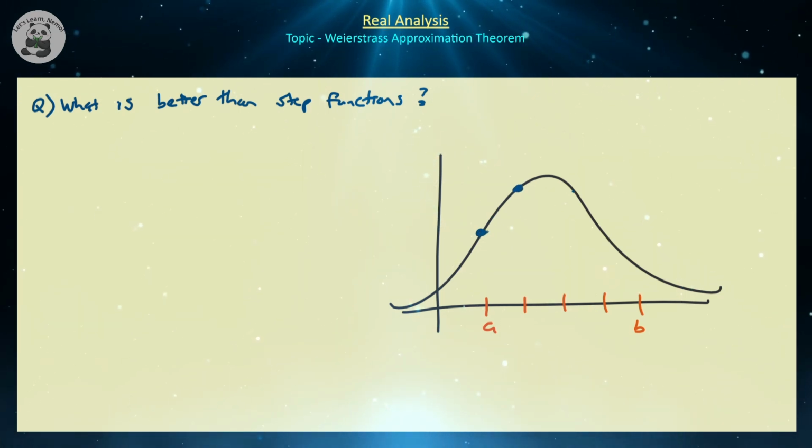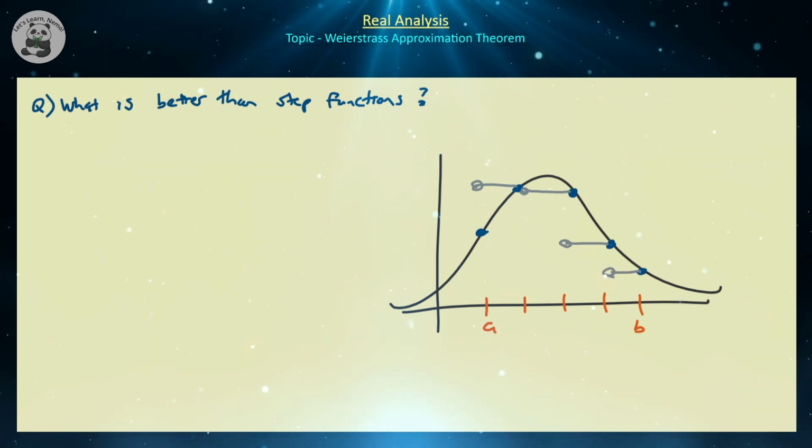So there are our potential endpoints. And for our approximation with step functions, what we had was this one, that one, that one, and that one. So obviously it's very far off, especially if the curve is changing a lot.